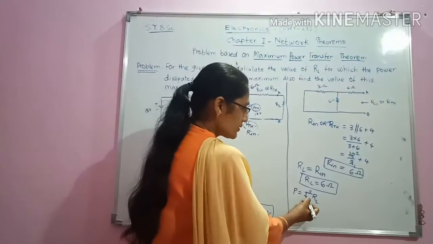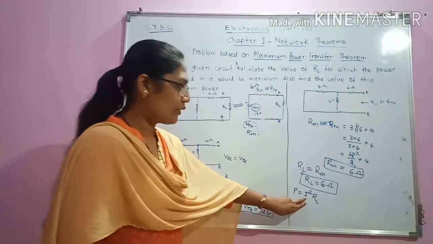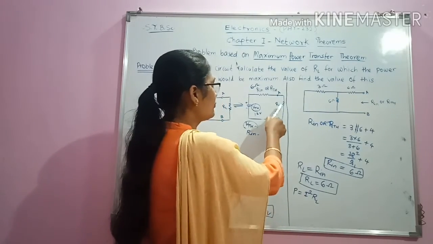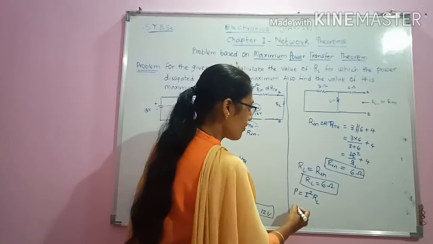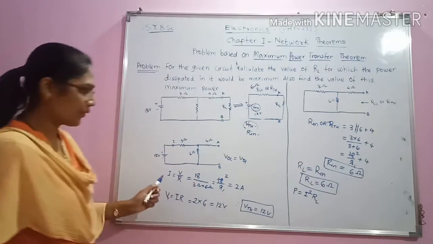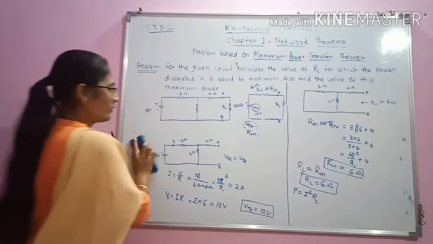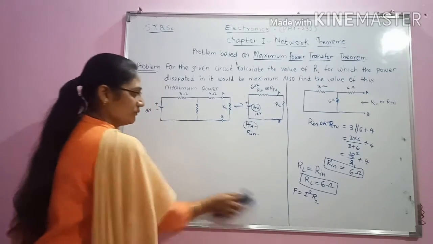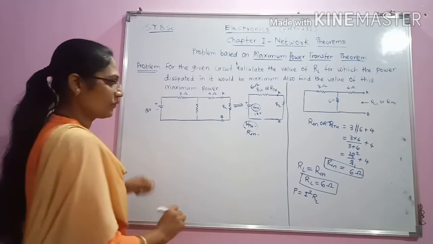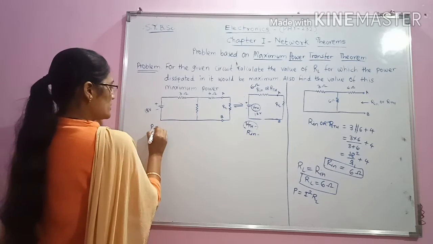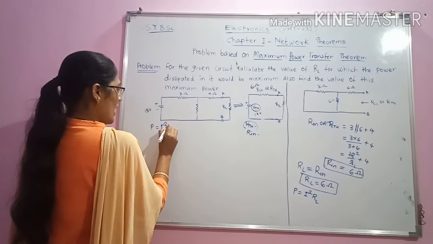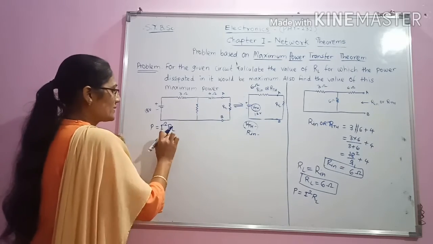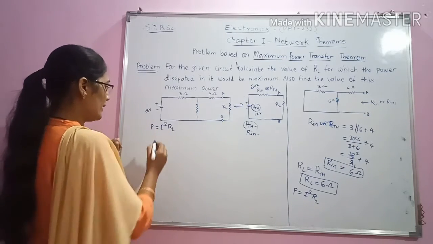Then we substitute the value of I here. But how to calculate I in case of this circuit? Power dissipated across RL is equal to I square RL.